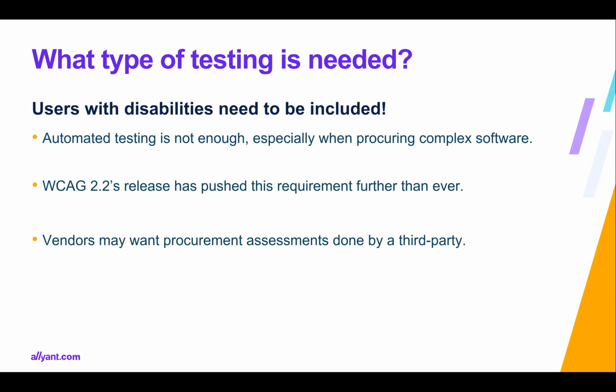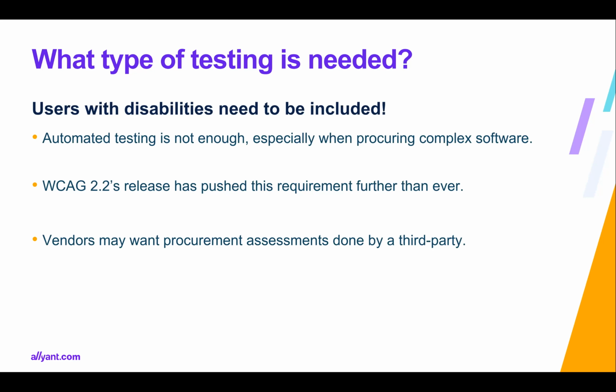And I will say, there's one advantage in particular to focusing on live user testing, especially around users who are blind and use screen reading software. We often get this question when performing an accessibility audit: should we also audit with Dragon Naturally Speaking? Should we also audit with ZoomText?